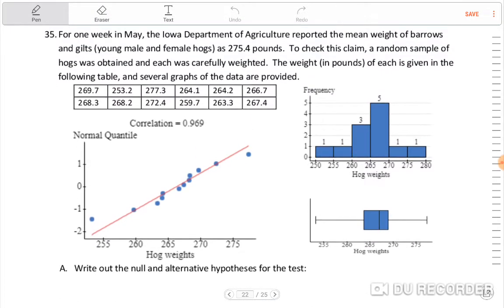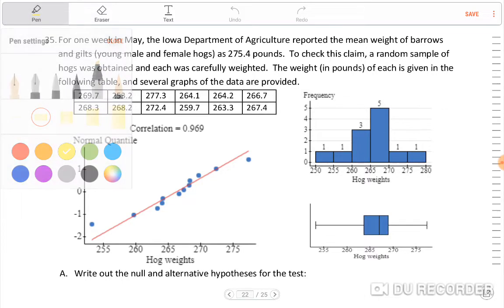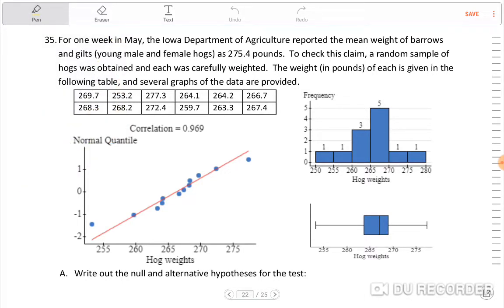So we're talking about means, right? Did it give us the mean here? The mean weight is 274 pounds.